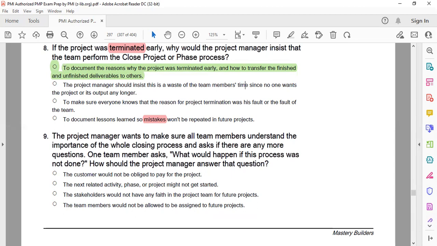When you do not close the phase of the project, what could happen? Great, Naved and Ganesh. Yes, good.